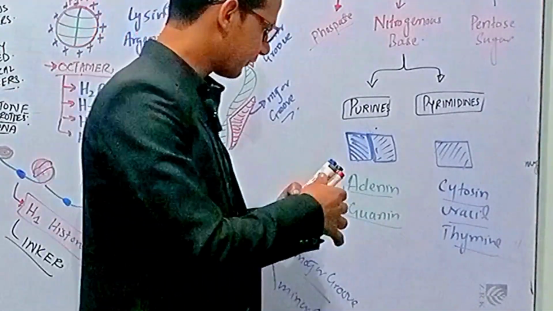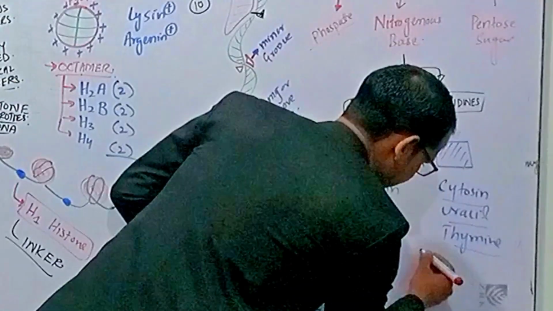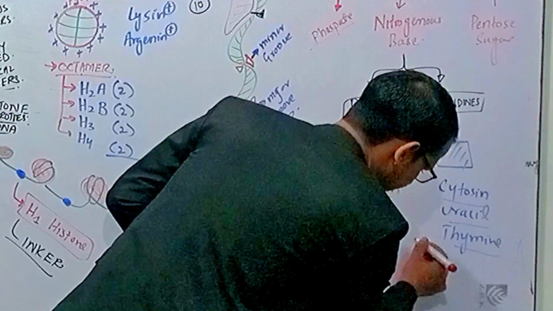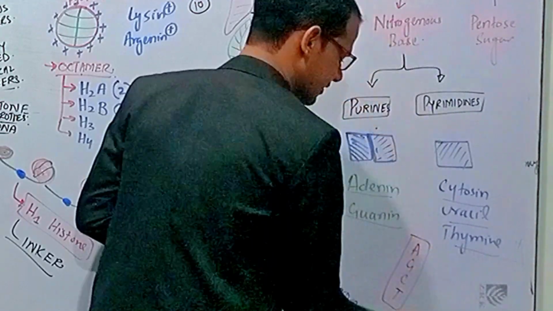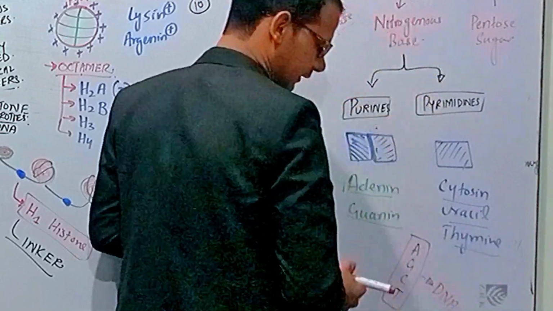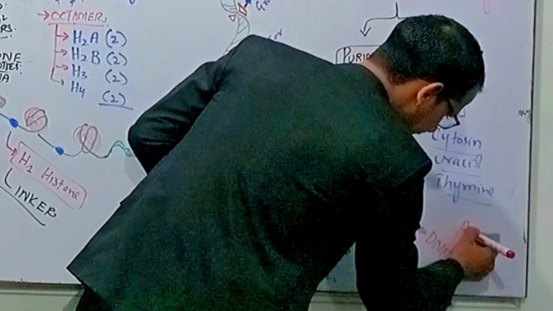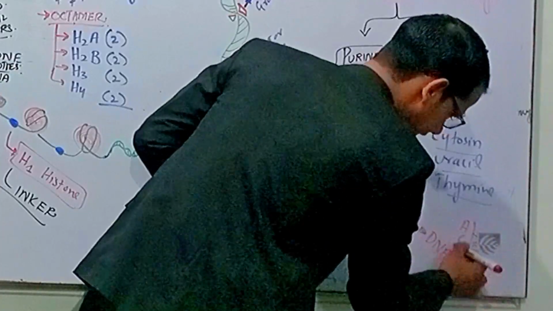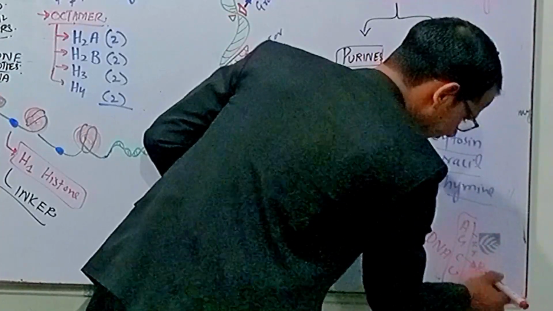In DNA, adenine, guanine, cytosine and thymine, these nitrogenous bases are present, right? And adenine, guanine, cytosine and uracil, these are present in RNA.